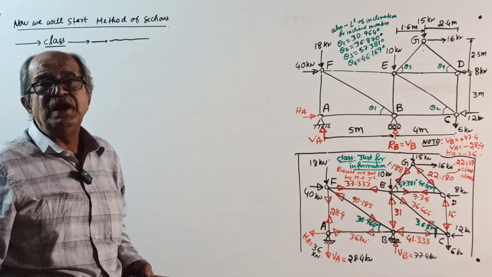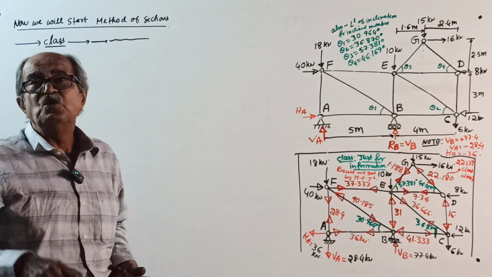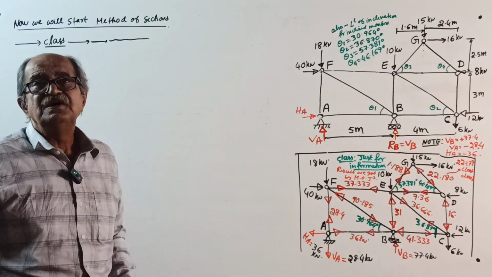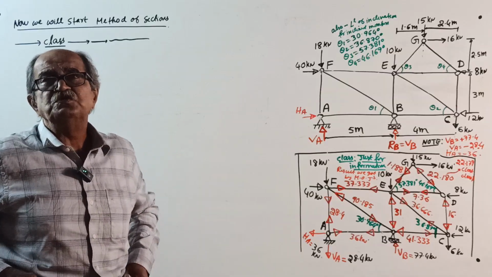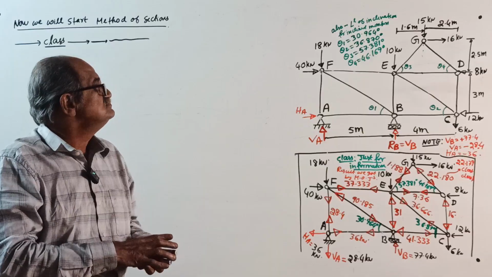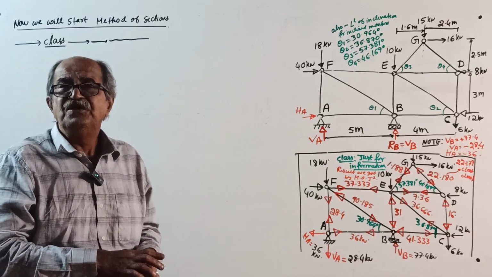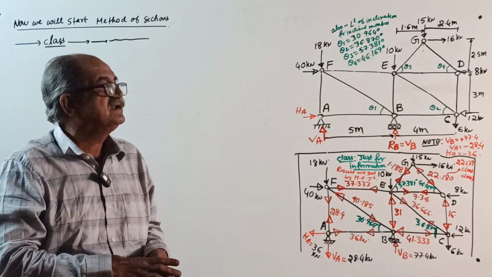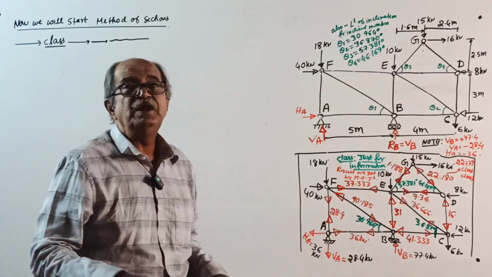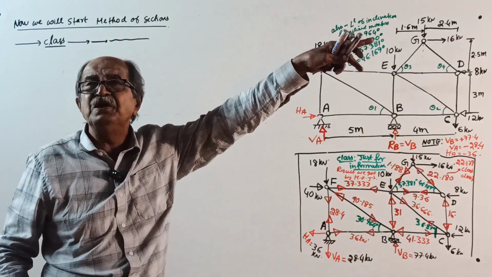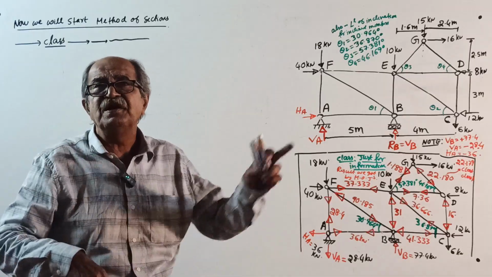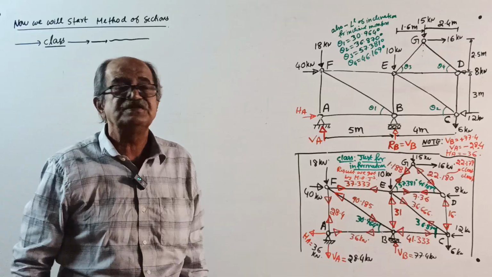If it is an independent question, then you have to assume those unknown forces along the member directions. Deciding the correct direction for method of joints is very easy. I explained it to you earlier with a lot of examples, in one class of more than 3 hours.